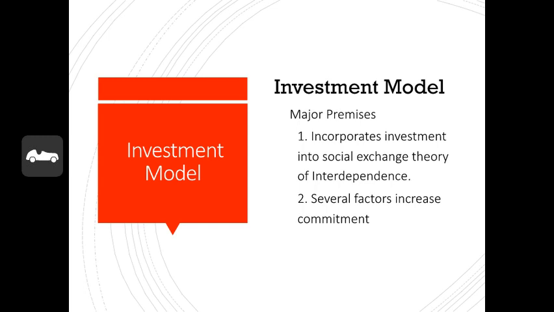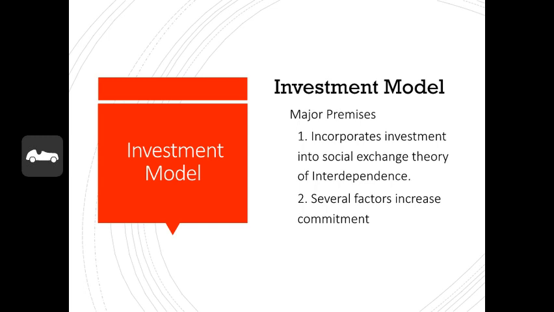It incorporates all of the exact same components, but it adds a few things, because one of the criticisms is that maybe your comparison level for alternatives might seem better, but you still might be stable and unlikely to leave your current relationship, because you might not jump ship out of a sense of liking or loyalty to the current partner.